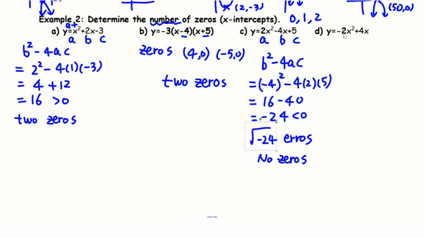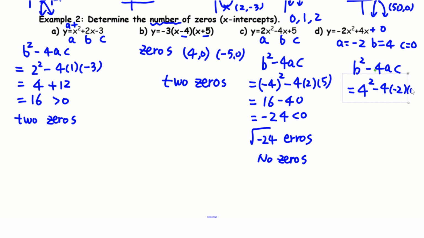And the last one, negative 2x squared plus 4x. a is negative 2, b is 4, and c, no number, means plus 0. Then we sub in b squared minus 4ac. You will have 4 squared minus 4 times negative 2 times 0. You will have 16 minus 0 is 16, which is positive.